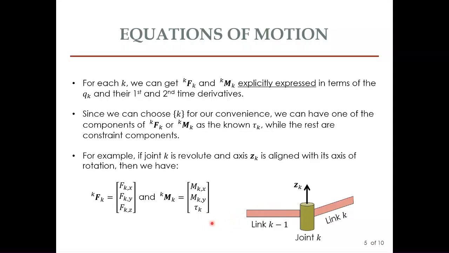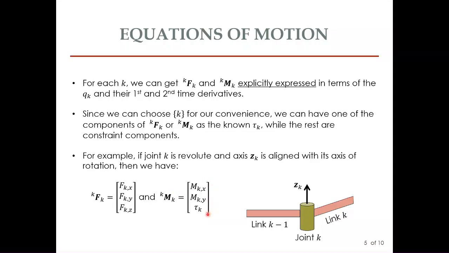Just to make sure you understand, if I have a prismatic joint here instead of a revolute joint, and the axis of the prismatic joint is, say, y of frame k, then what you will have here is some kind of fkx, tau k, fkz, and mkx, mky, mkz.